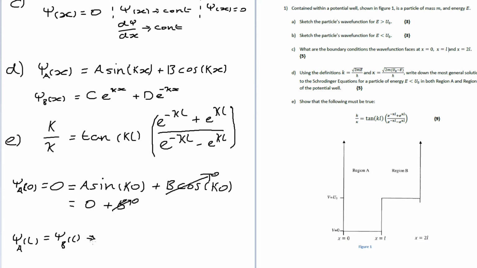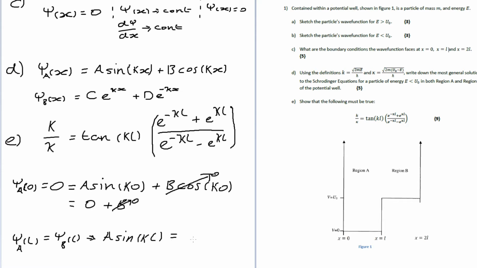So let's just put in our psi A and our psi B, which are from question D, and we get A sine kL from psi A, and we know that the b cos term is all equal to 0, so we'll forget that.